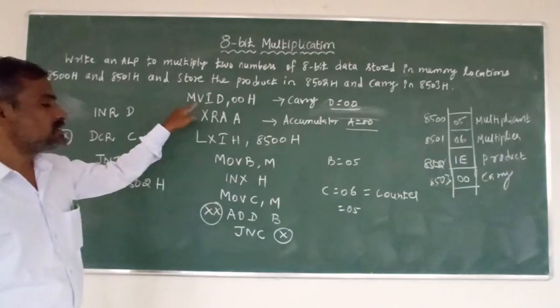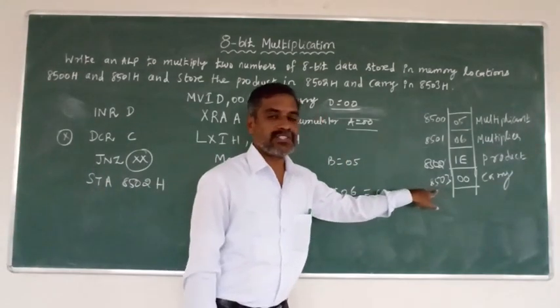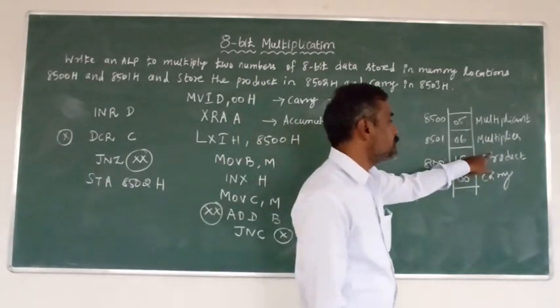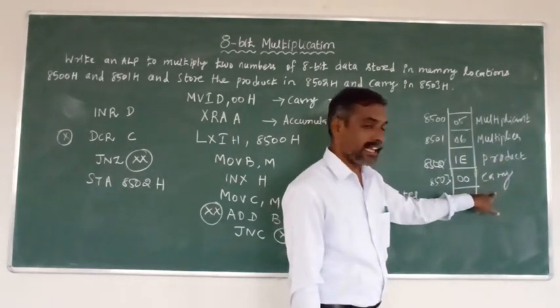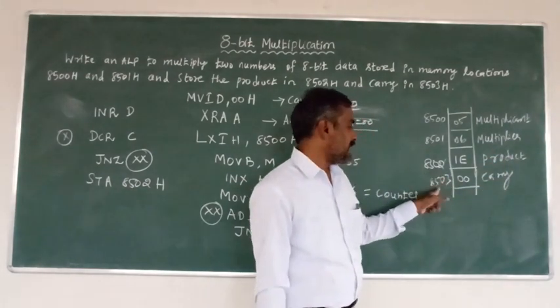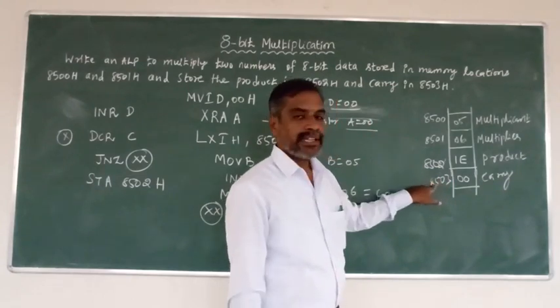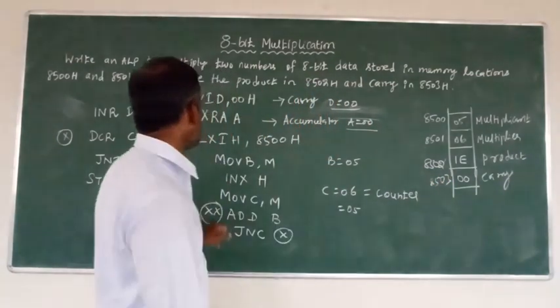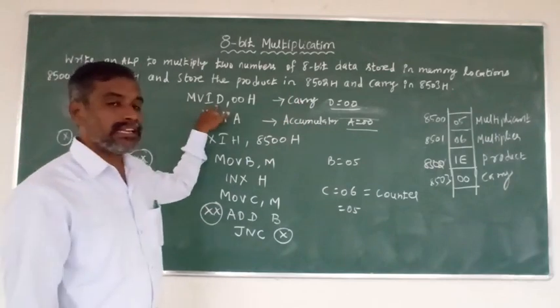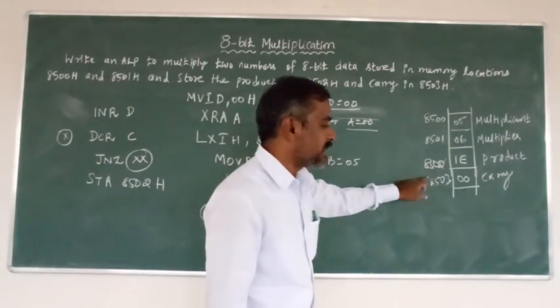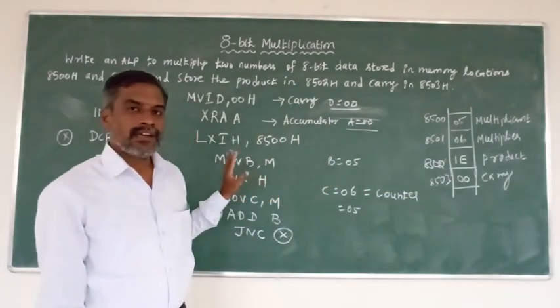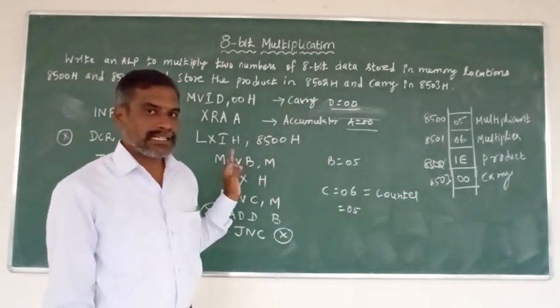Now store the D register result at the next address location. This is for the product and this is for the carry. The carry we have to store at 8503, but the carry is in the D register, and we cannot store the D register data directly. We can store only the accumulator content.